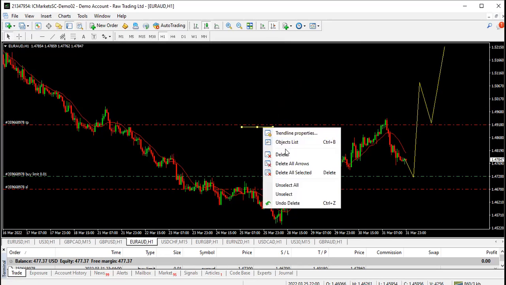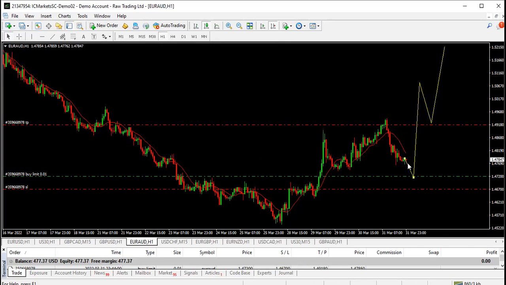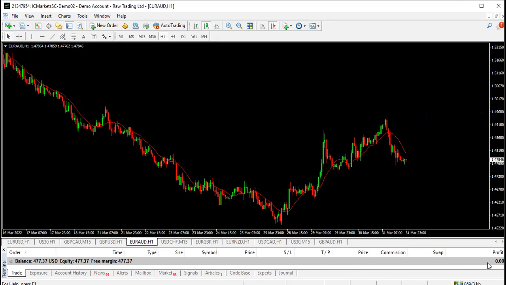Let's delete this one first, as we look at our next order. Now for the sell stop, this is what we expect. If you see this, the market is rallying downwards.